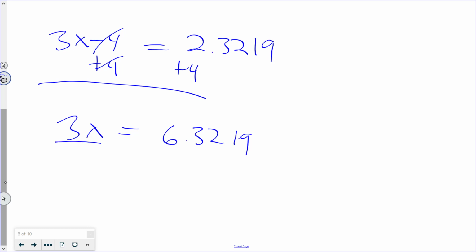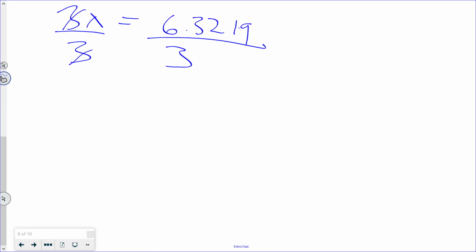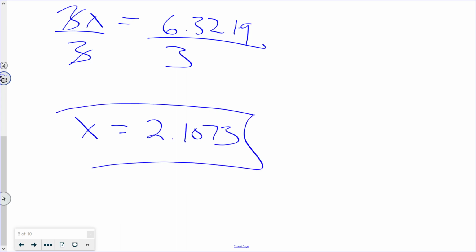Divide by 3. And what did you get? What is 6.3219 divided by 3? Danielle. 2.1073. All right, perfect. Thank you. So that is what x is equal to approximately. So we'll just put these little squigglies because we've been rounding. So this is the approximate answer for x. That is the end of the lesson.